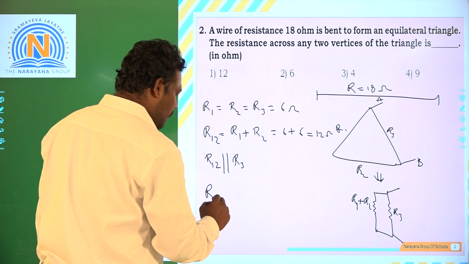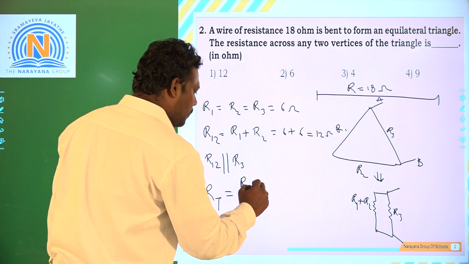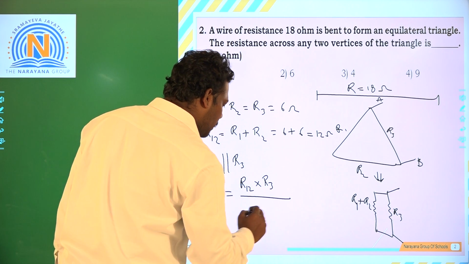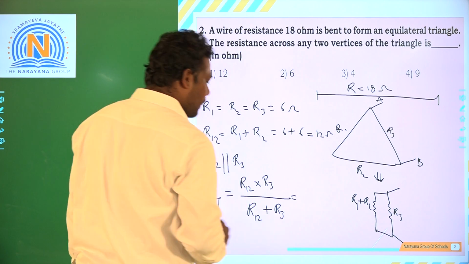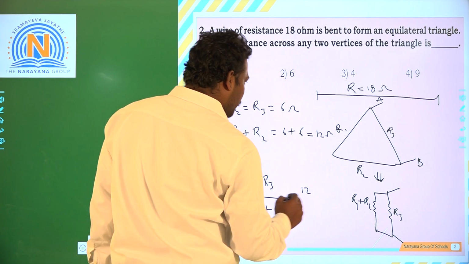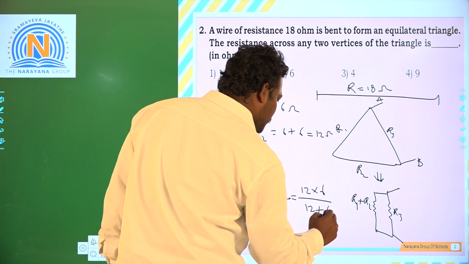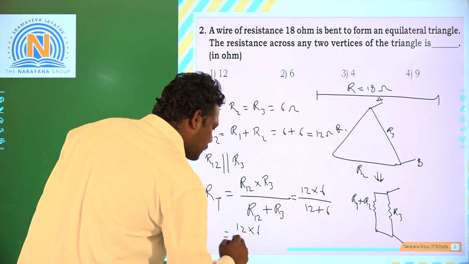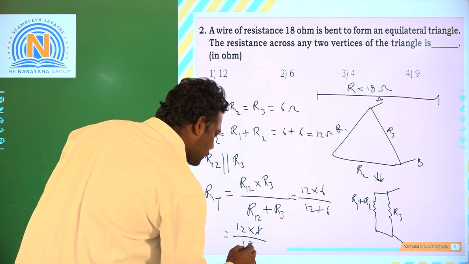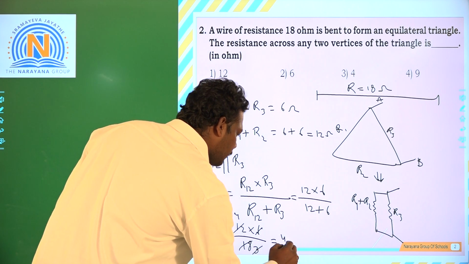So total resistance of the circuit is R12 into R3 by R12 plus R3. That is 12 into 6 by 12 plus 6, which is 12 into 6 by 18, so 4 ohms.